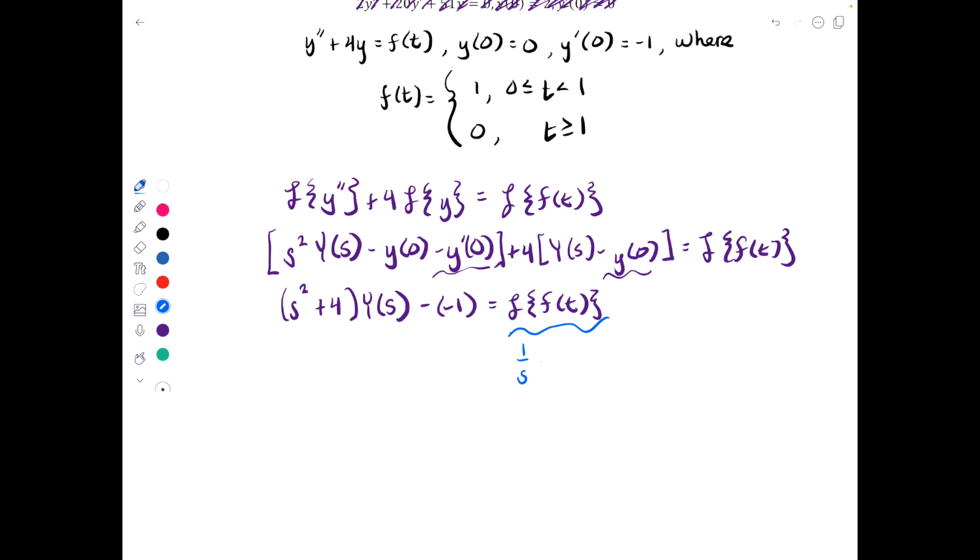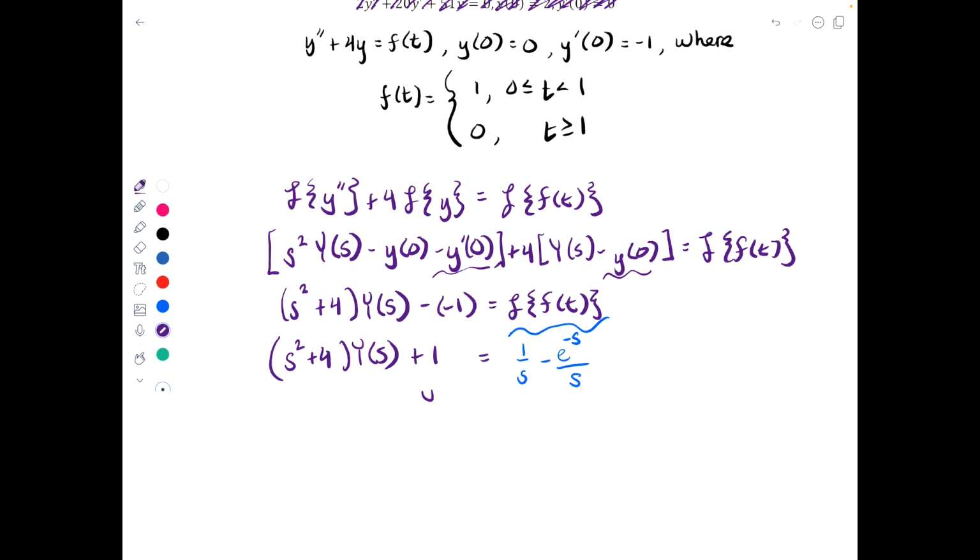And then minus e to the negative s over s. That's going to end up being the transform for that f of t. So on this side, we will have s squared plus 4 times our Y of s plus 1 is equal to that.